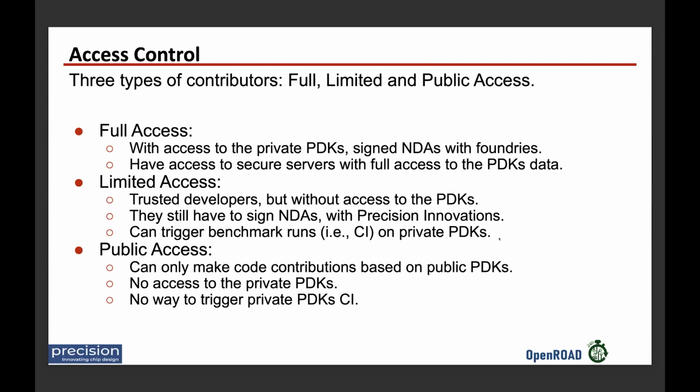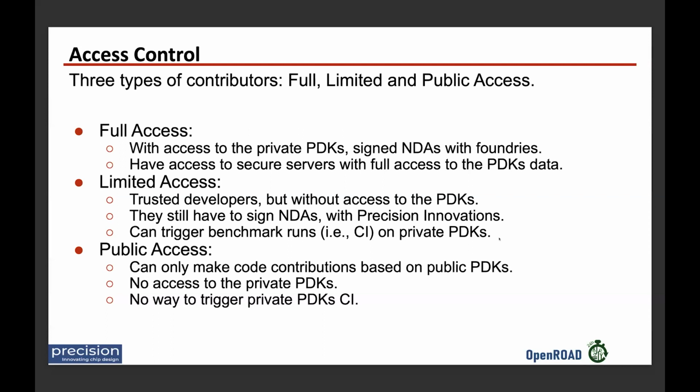Going over the access control, we have three main types of contributors: full, limited, and public access. Contributors with full access are those with access to the private PDKs. They have signed NDAs with foundries, and they have access to the secure servers and full access to the private data.